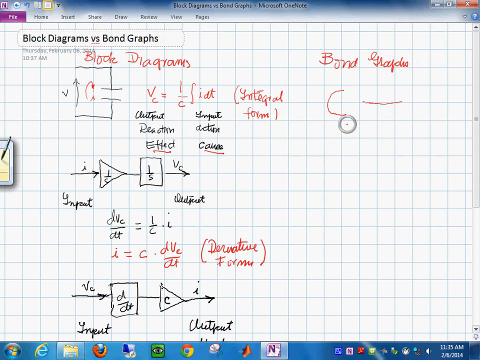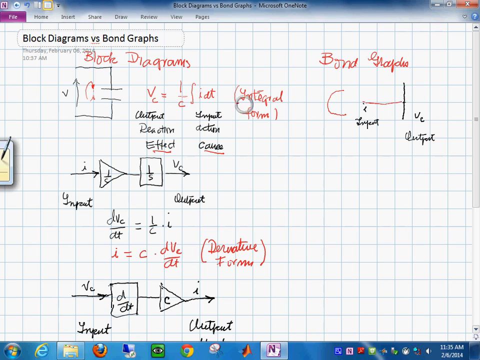In the first one, the integral form, the output was the voltage V of C, and the input is I. So this symbol represents this equation, because this is the output and this is the input.